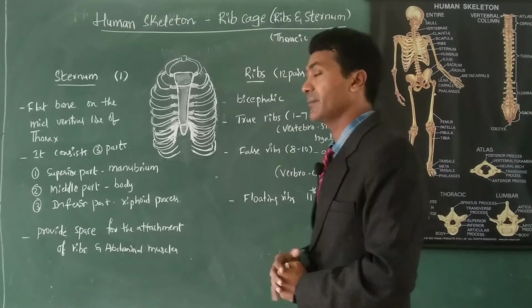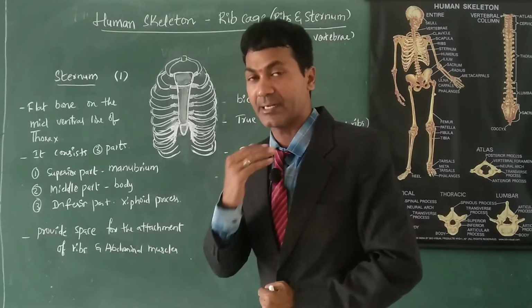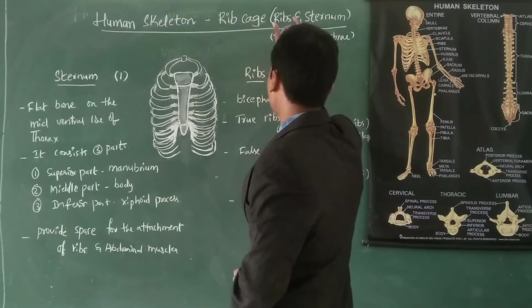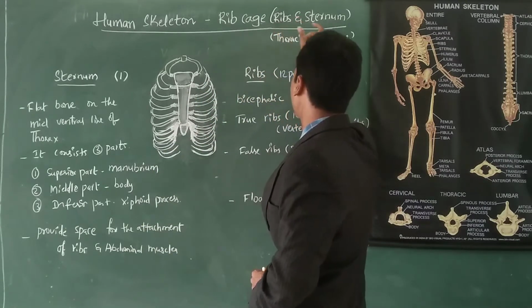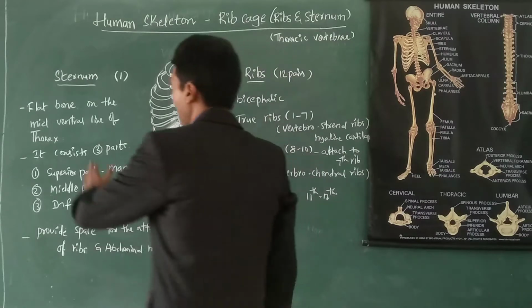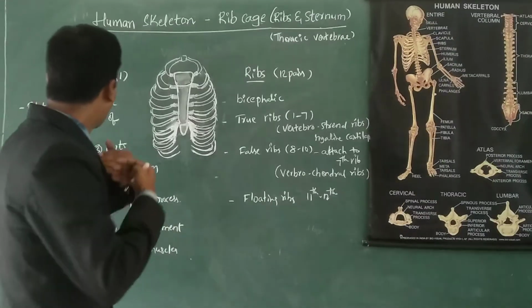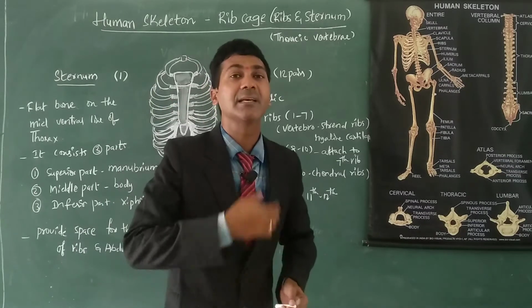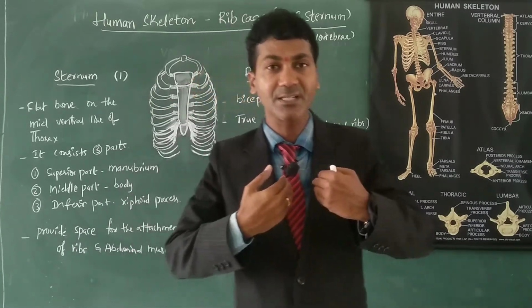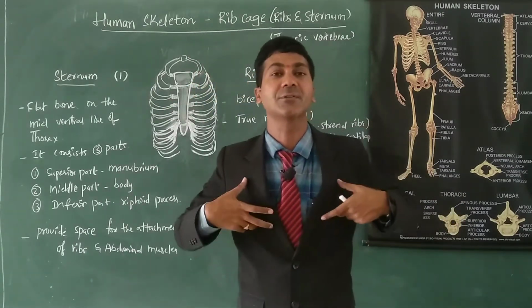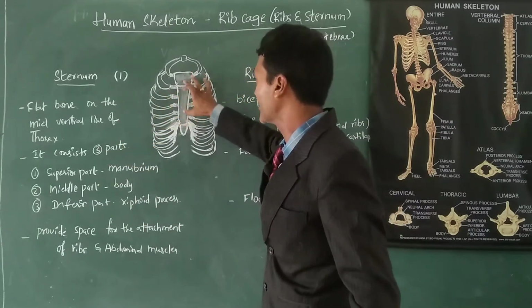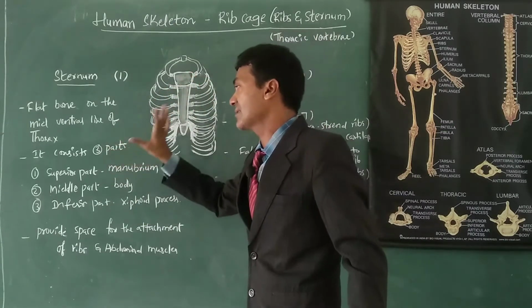Now, thoracic vertebrae we have studied in the vertebral column. Now let us discuss the bones present in ribs and sternum. First one, sternum. Just now I told you, the flat bone on the mid-ventral line of the thorax is known as sternum. It consists of three parts.